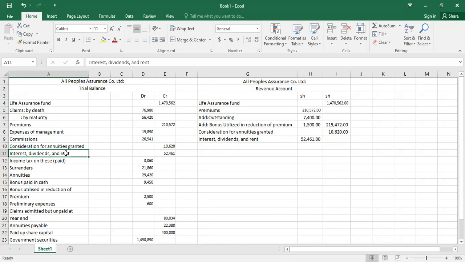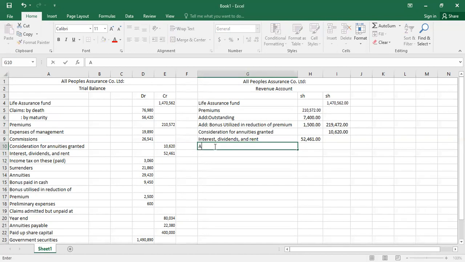In the additional information, we have accrued interest, and our accrued interest is 15,4.